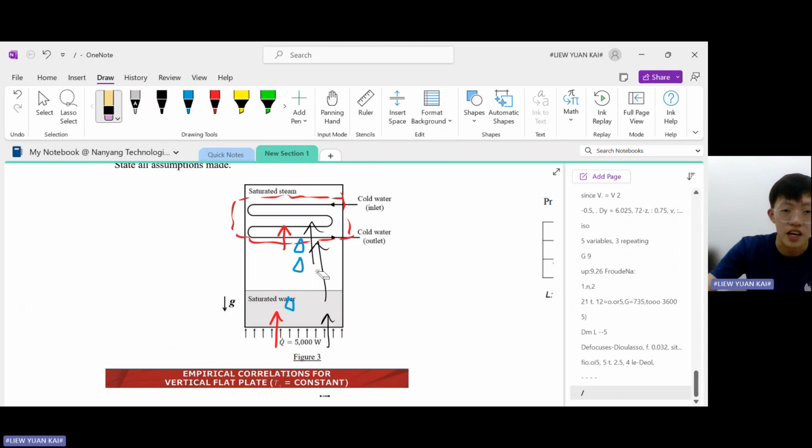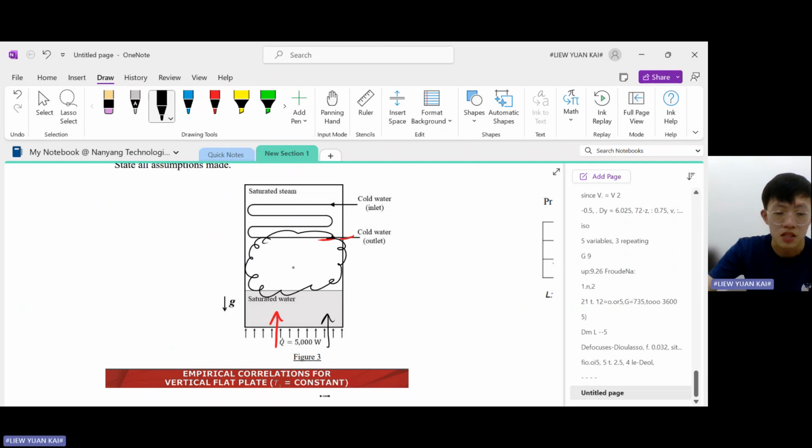So we know that the energy being transferred from the steam is used to raise the temperature of the cold water throughout the tube. Whatever temperature change has occurred in the cold water tube is because heat is being transferred from the steam into the cold water.